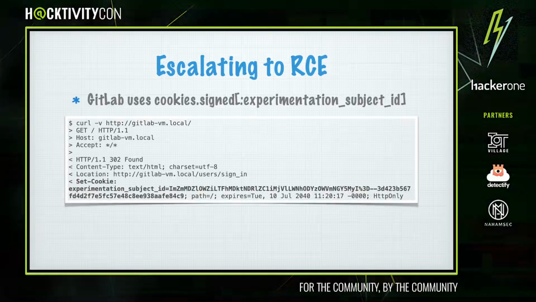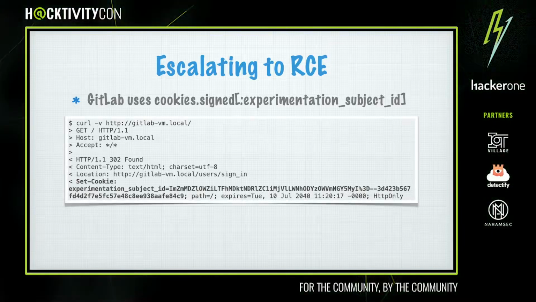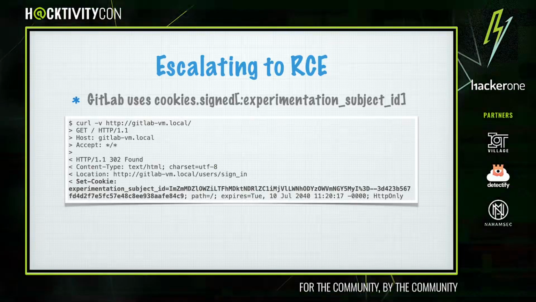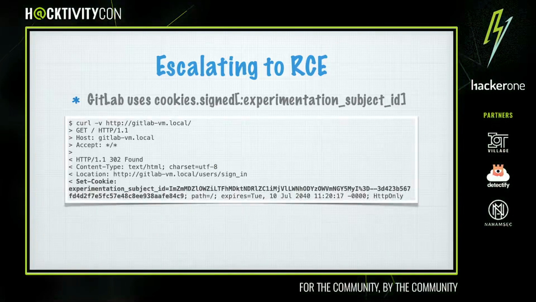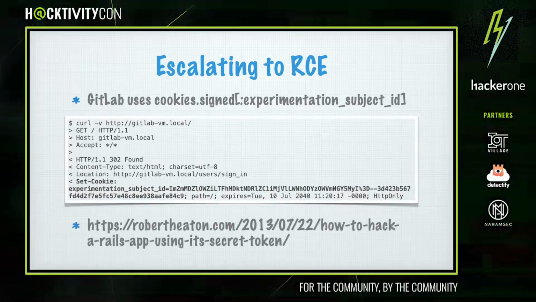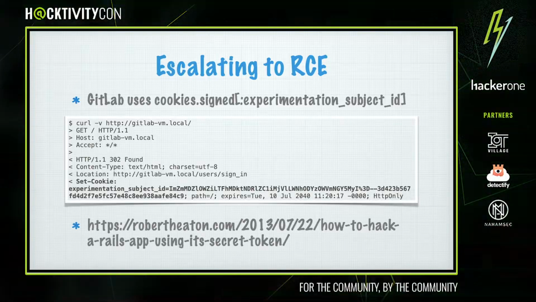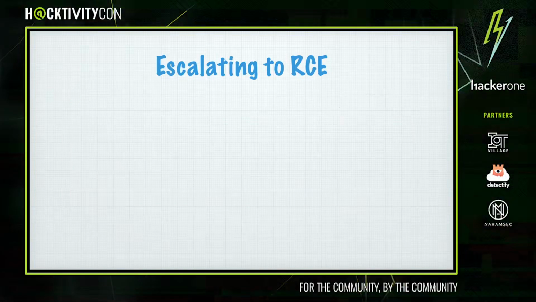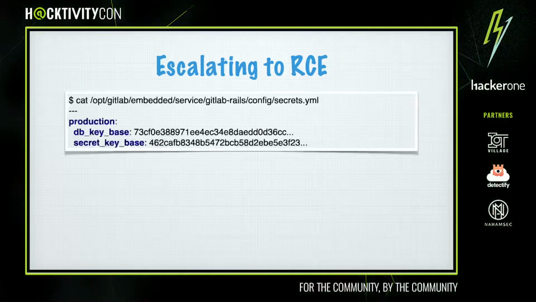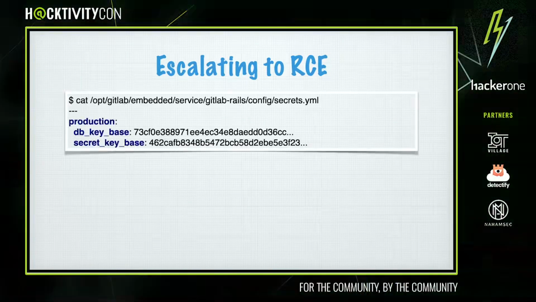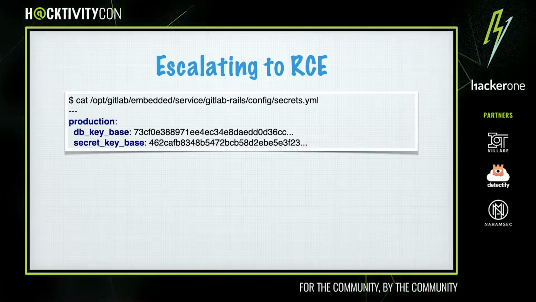Deserialization of untrusted data into Ruby objects is pretty dangerous, especially with a large code base like Rails where there's lots of gadgets available. And there's quite a few guides on how to achieve code execution using something like this. To prevent untrusted data, Rails signs the cookies with a value from a secret key base, so that way it can tell if the data has been tampered with and throw it away if it has.